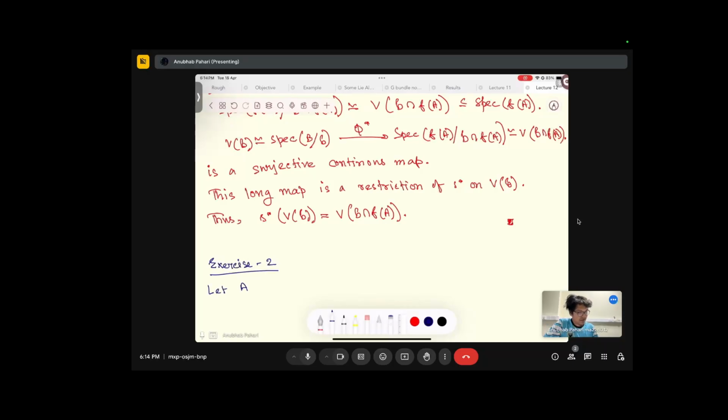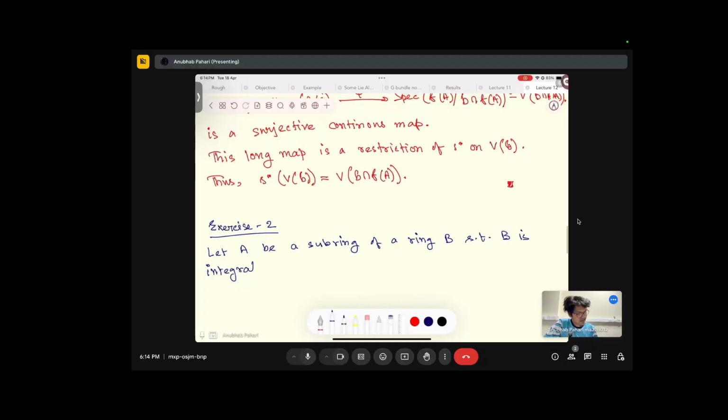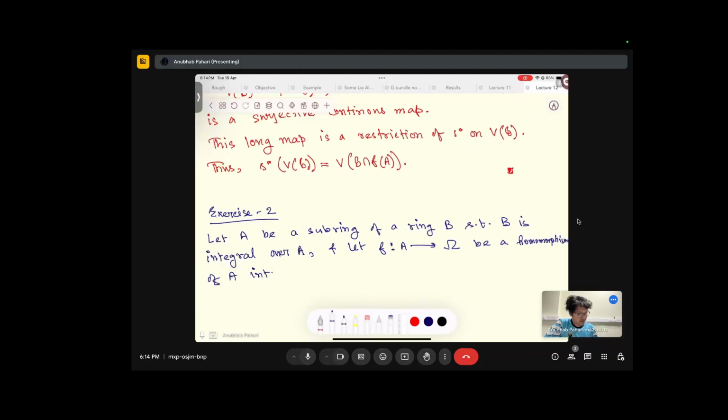Let A be a subring of a ring B such that B is integral over A, and let f: A to omega be a homomorphism of A into an algebraically closed field omega.